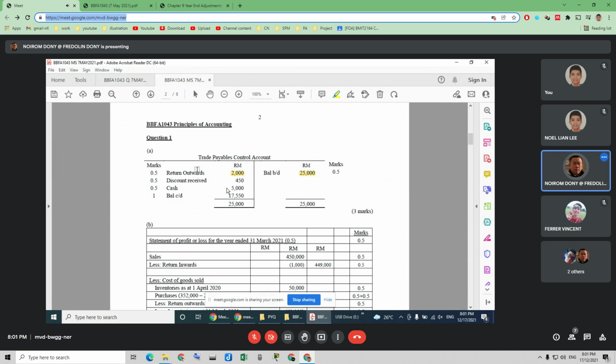And cash discount received 450. So all these are not recorded, so we have to do the recording.